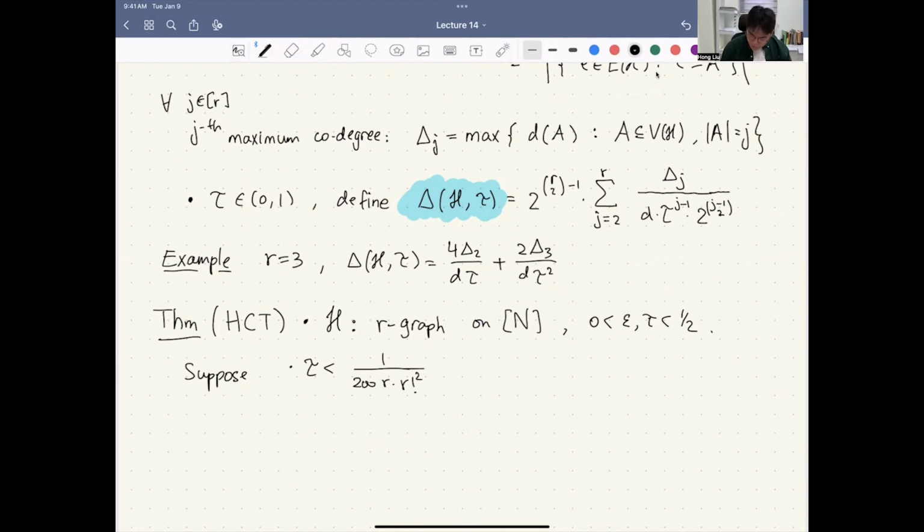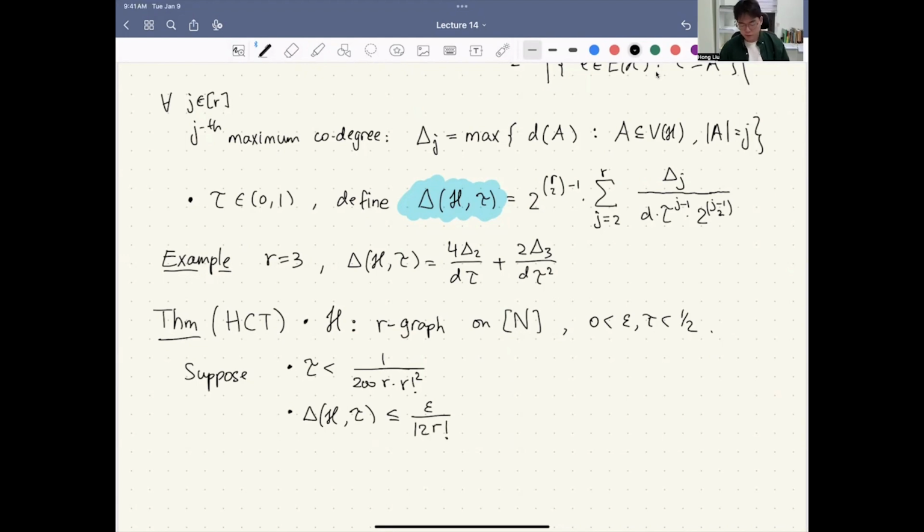And then suppose the codegree function that we defined is at most, again, some constant depending only on epsilon and the uniformity r.